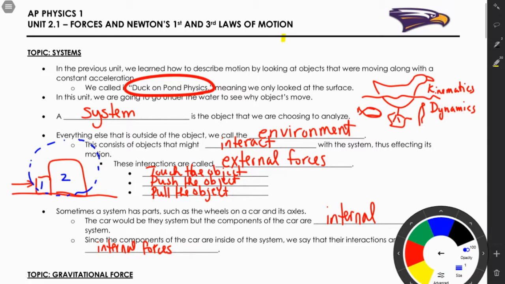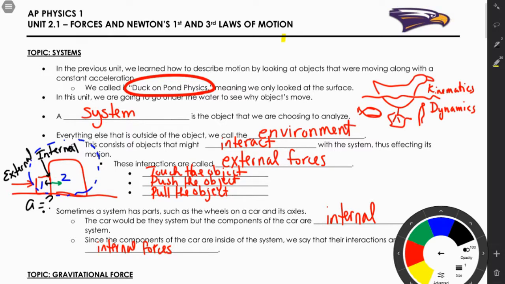As we go throughout the unit here, we're going to learn that block 1 exerts a force on block 2, and block 2 exerts a force on block 1. But if we look at the acceleration of the system, these two forces are now internal, and therefore the only force we're going to look at is this red arrow, because that is external to the system. That is causing the change in motion of those two blocks.